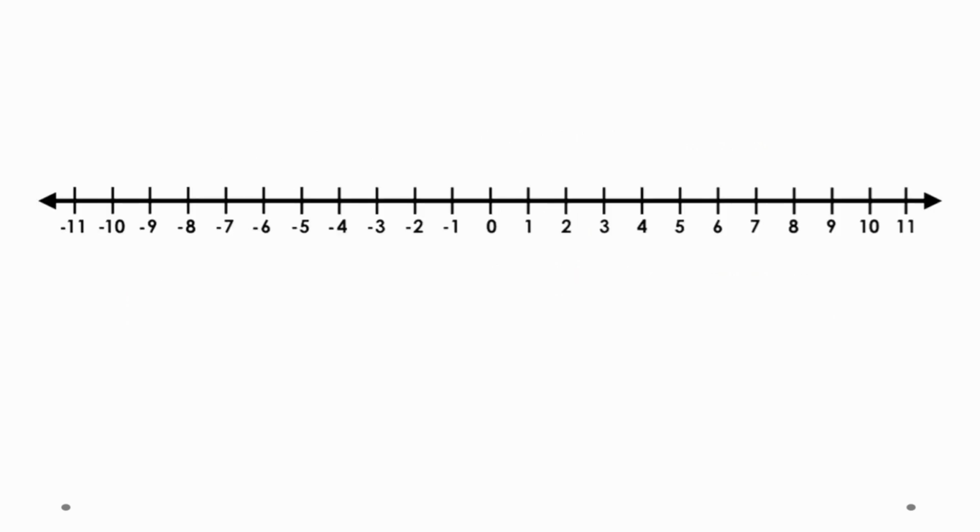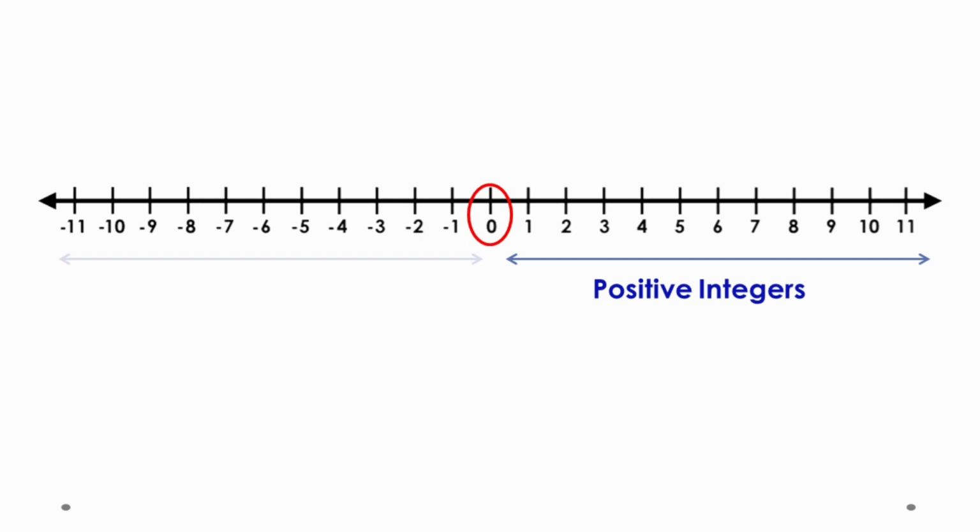Let's have a look at this number line to understand it better. The number line has all the integers including the negative numbers. The central point on the number line is marked as 0, and there are numbers left and right of this 0. The numbers on the right of 0 are called positive integers, and the numbers on the left are called negative integers.